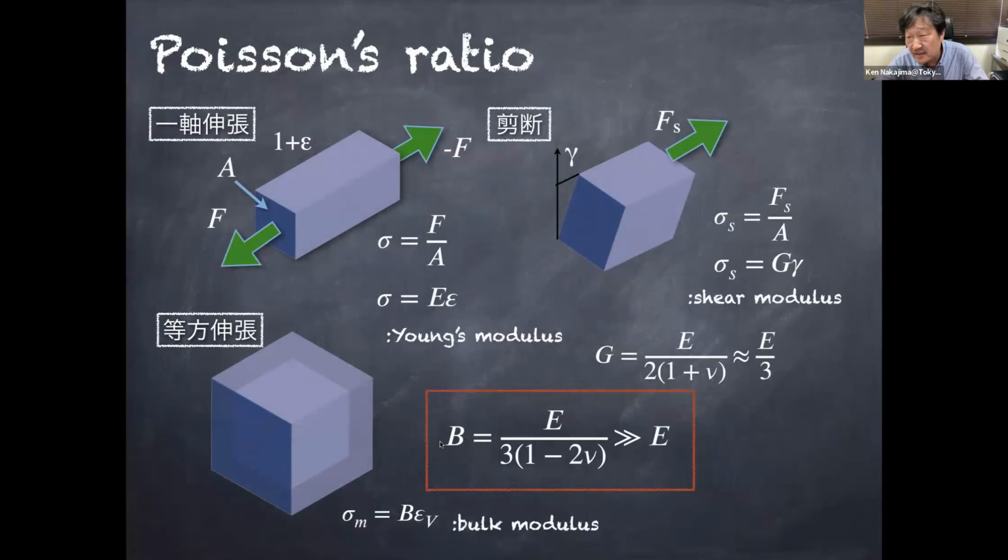Young's modulus is always at the megapascal level, while the B value can go beyond the gigapascal range. Which means if you want to compress the rubber from all directions, it's really hard.